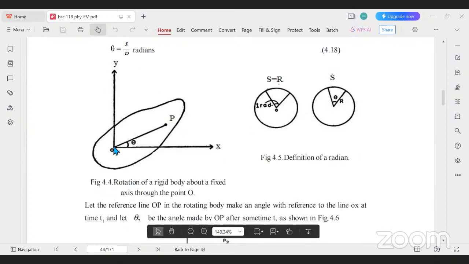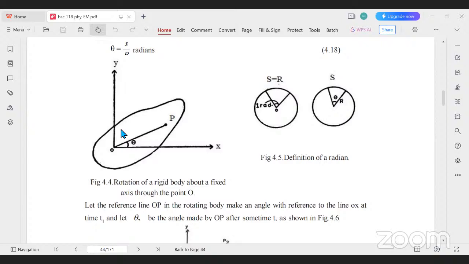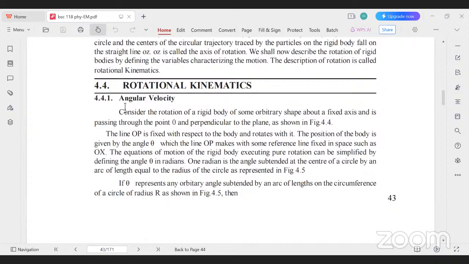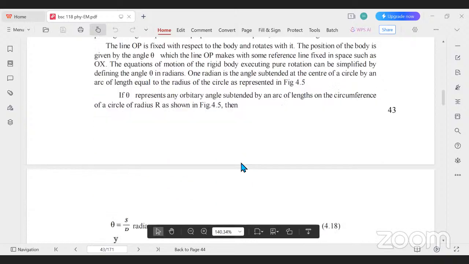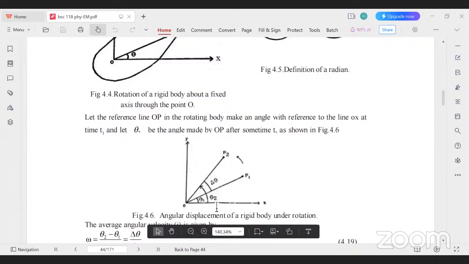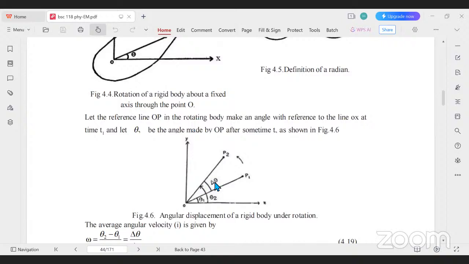I can find the angle for all the circular paths in this direction, and that is nothing but your angular velocity. So I can find this angle, I can find delta theta.